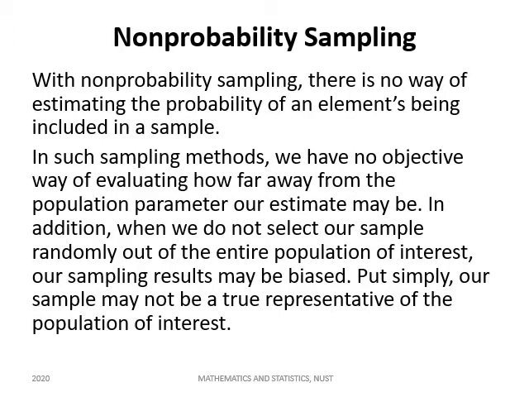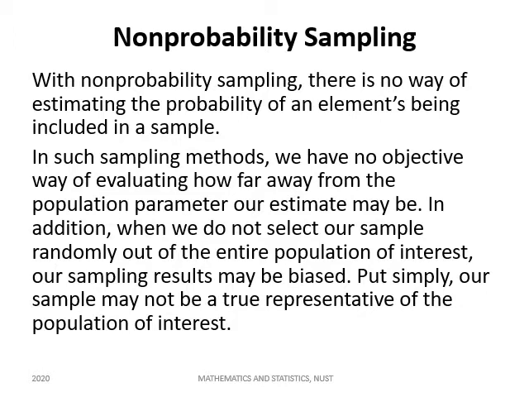Now, this is different from non-probability sampling, where there isn't really a good way to estimate the probability of an element being included in the sample. So there is no objective way of evaluating how far the population parameter differs from our estimate.